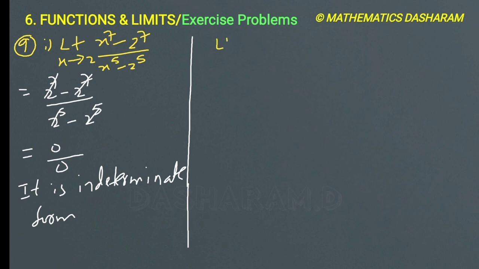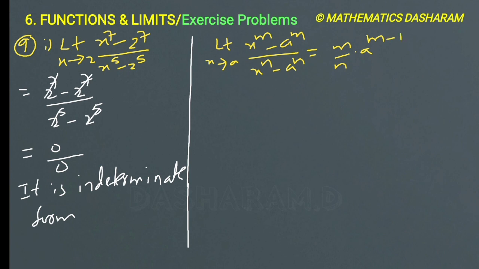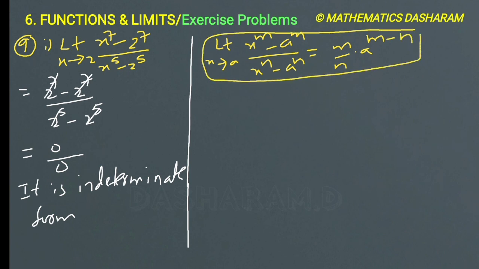So here I am using one formula. Limit x tends to a, x to the power of m minus a to the power of m divided by x to the power of n minus a to the power of n equals m by n into a to the power of m minus n. So apply this formula.